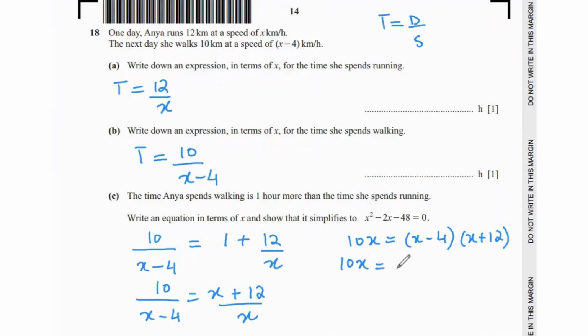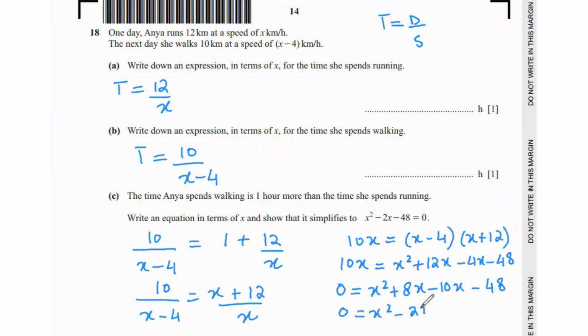Expand the bracket. x squared plus 12x minus 4x minus 48. Collect all the terms on one side. So 0 equals x squared plus 8x minus 10x minus 48. And that's x squared minus 2x minus 48. Exactly the same as the equation given in the question.